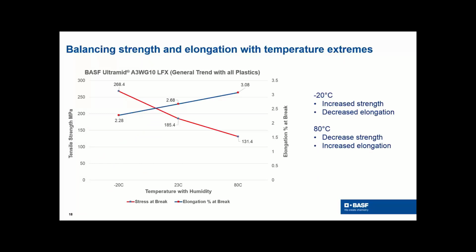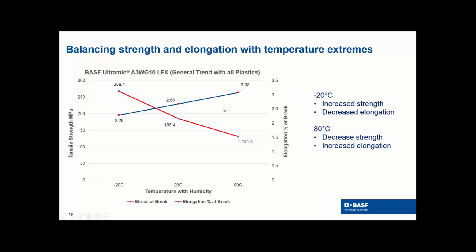So basically with temperature, you really want to balance strength and elongation. As you can see, strength is going down with temperature, and elongation or strain is actually going up.